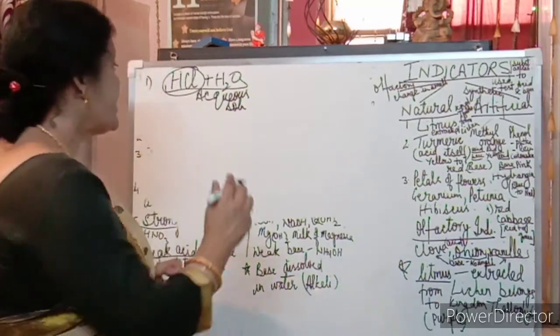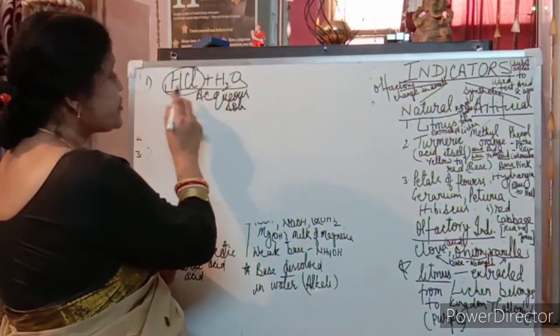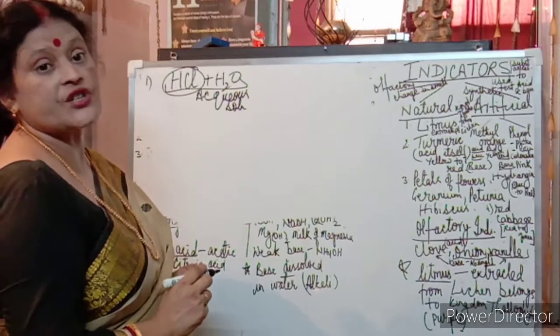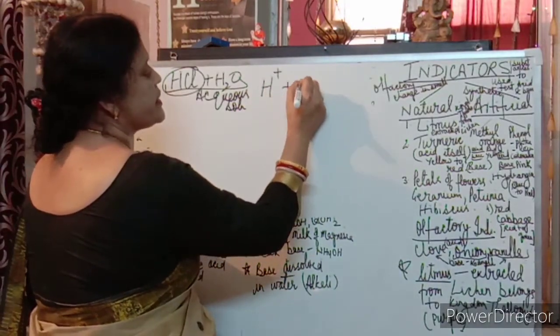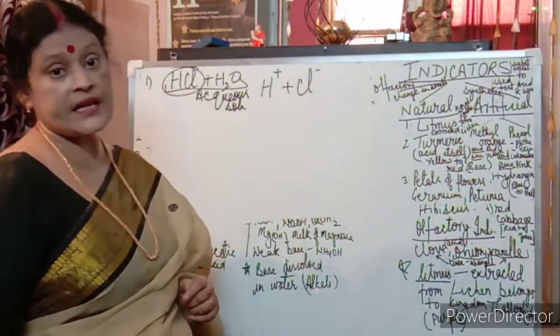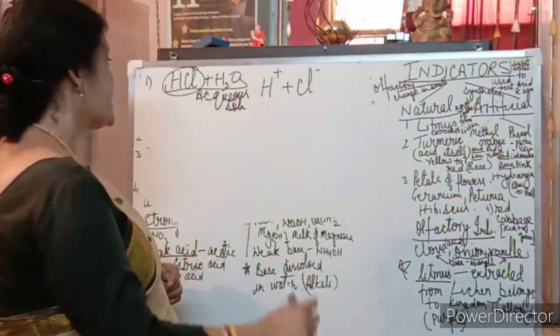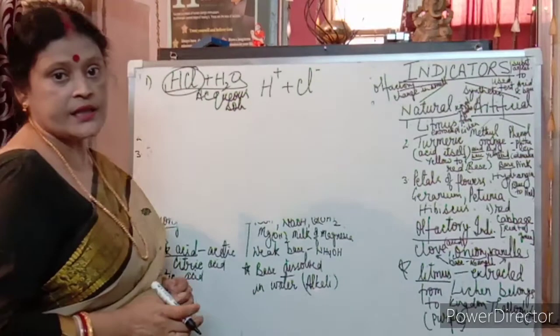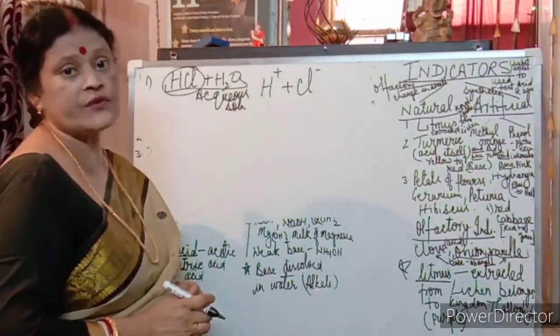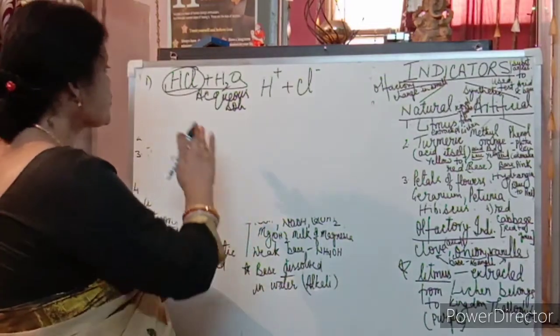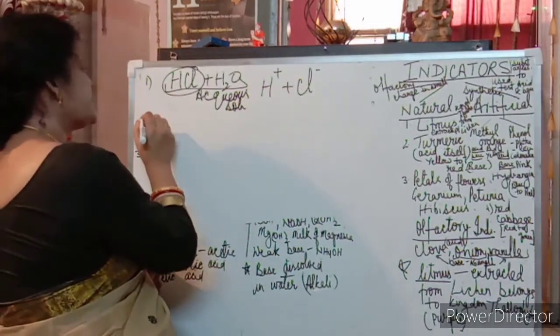Clear, student? Now, what is the meaning of dissociation? Breaks down. It will break down into H positive plus Cl negative. When we pass current, that is not in your syllabus, but whenever we pass current, then only the dissociation will take place. So, it will dissociate to form H positive plus Cl negative.